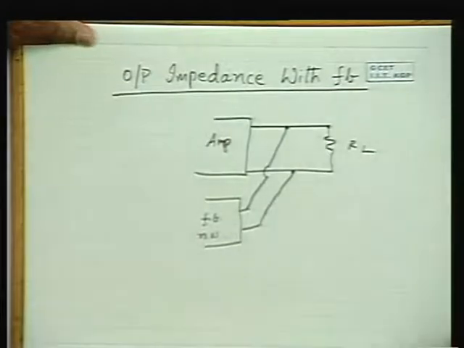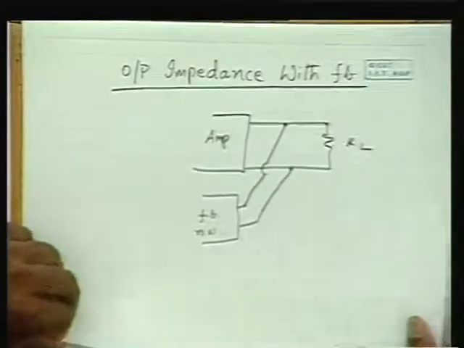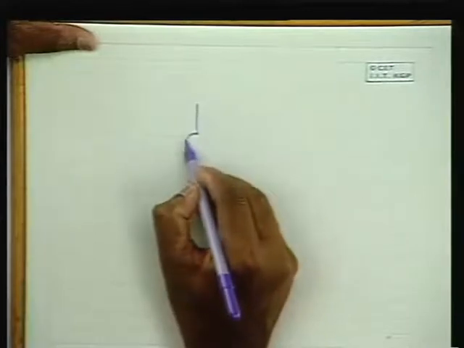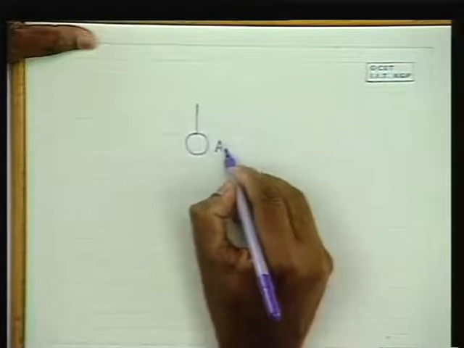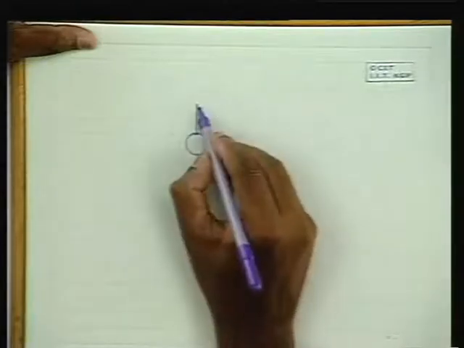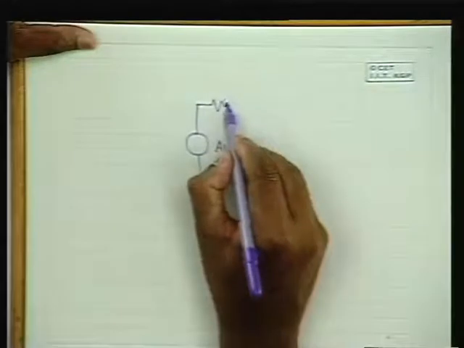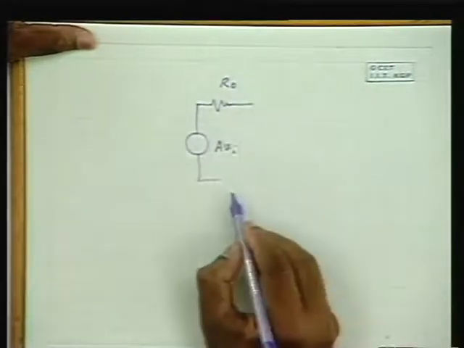Now look at the output circuit. In the case of shunt feedback, if you examine the output circuit, you find that there is a voltage source, A times Vi, since the output signal is a voltage signal, and there is R naught, the output impedance of the amplifier without feedback.